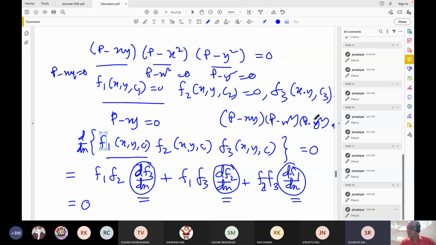Because if you differentiate this, this equal to 0 will appear as one of the terms. So on differentiation, you will see that this is satisfying the differential equation. Okay, are you satisfied, sir?